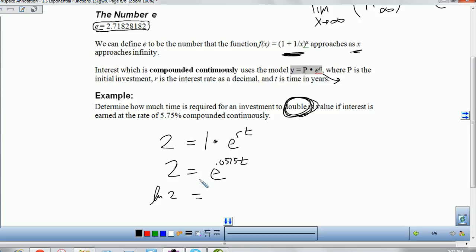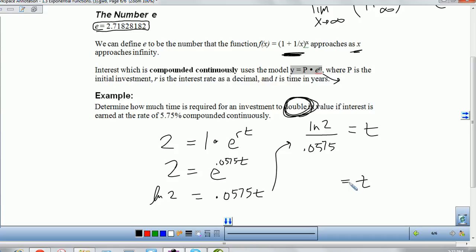Okay, you'd have to do the log base e of each side, I guess. So this e would cancel out, and log base e of e is 1. And then you would have 0.0575t left over. Divide that by the natural log of 2. So it would be natural log of 2 over 0.0575. And that's your t.